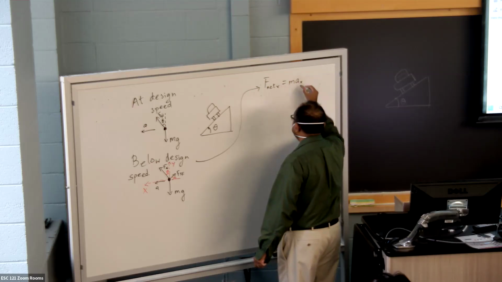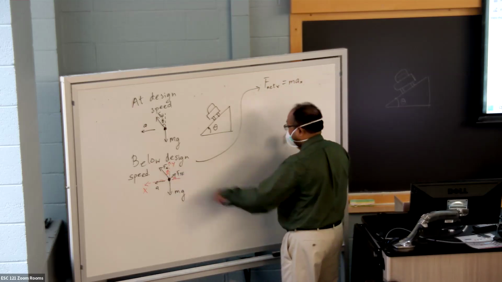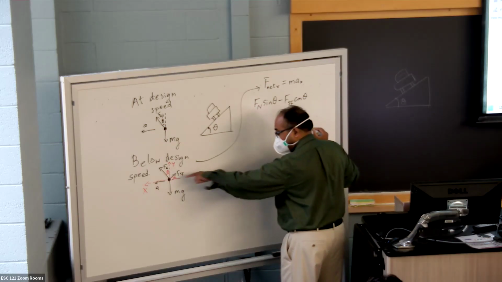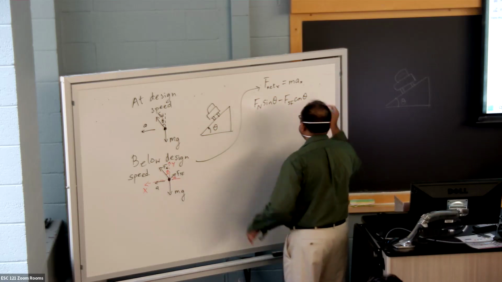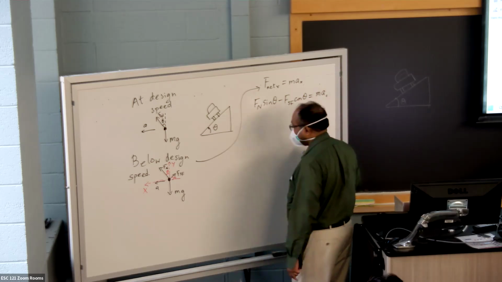So in the x direction, what do I have? I have Fn sine theta minus FSF cosine theta. Those are the only two forces with horizontal components. And so that combination must be equal to m times the centripetal acceleration, so it'll be m a_c.